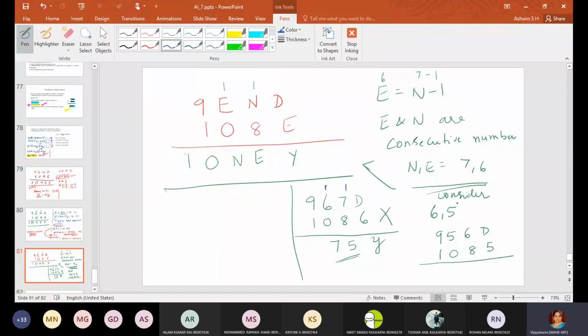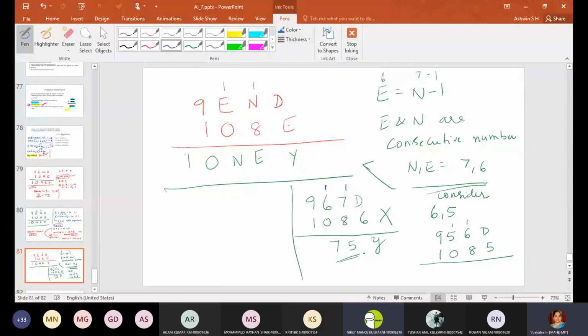Now just try with the 6 and 5 and tell me. Ma'am, it's adding up to 76, right? It's correct over there. Ma'am, it's supposed to be 76Y, right?